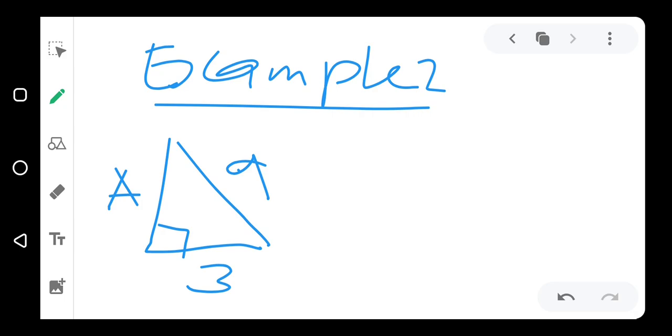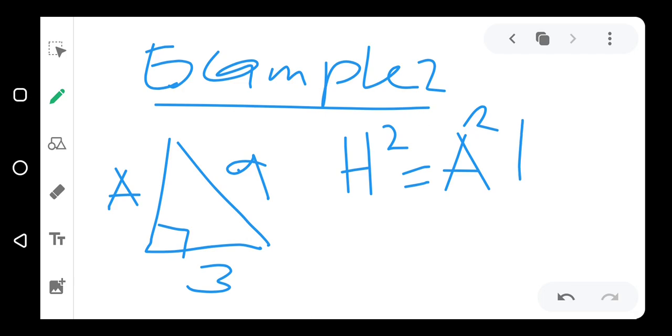We just remember our rule, the Pythagoras theorem. Once it is a right-angled triangle and we are looking for any of the sides, we use the Pythagoras theorem by stating that hypotenuse squared is equal to a squared plus b squared, where a and b are the two adjacents of the triangle.